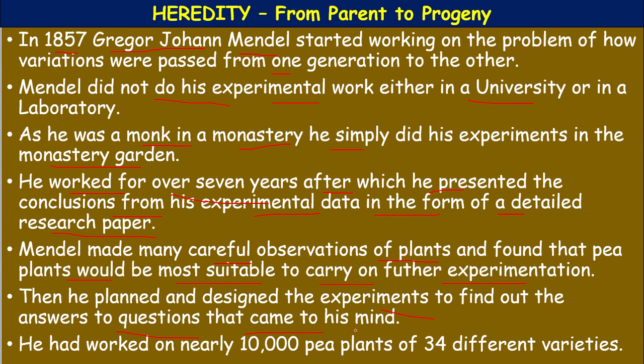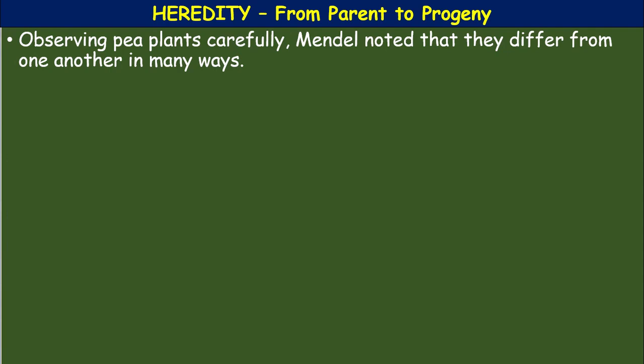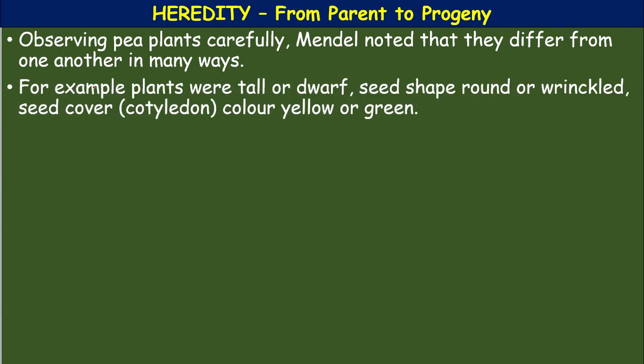So, he worked on nearly 10,000 pea plants of 34 different varieties. Observing the pea plants carefully, Mendel noted that they differ from one another in many ways.